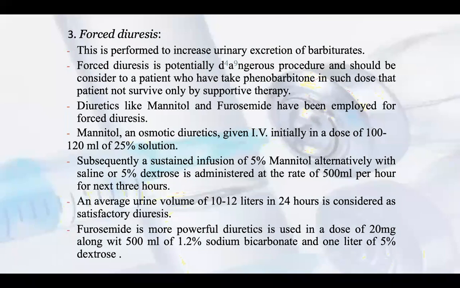An average urine volume of 10 to 12 liters in 24 hours is considered satisfactory diuresis. Furosemide, a more powerful diuretic, is used in a dose of 20 milligram along with 500 milliliter of 1.2% sodium bicarbonate and 1 liter of 5% dextrose.